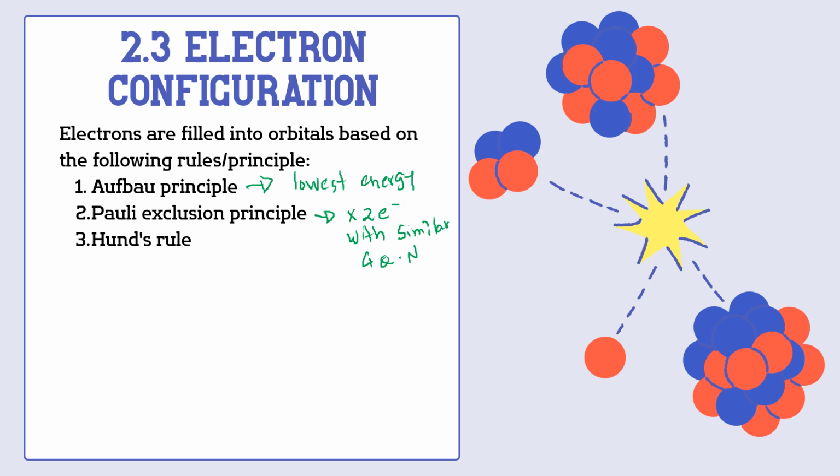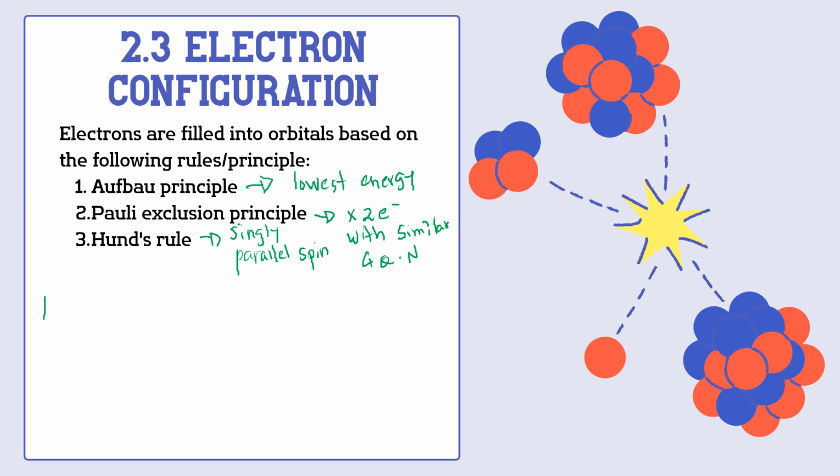And the last one is Hund's rule, which says that the electrons must be filled singly with parallel spin before pairing up. So now let's look at an example.